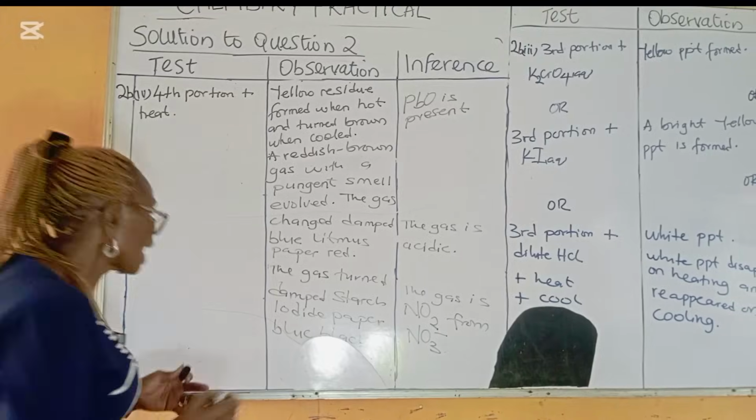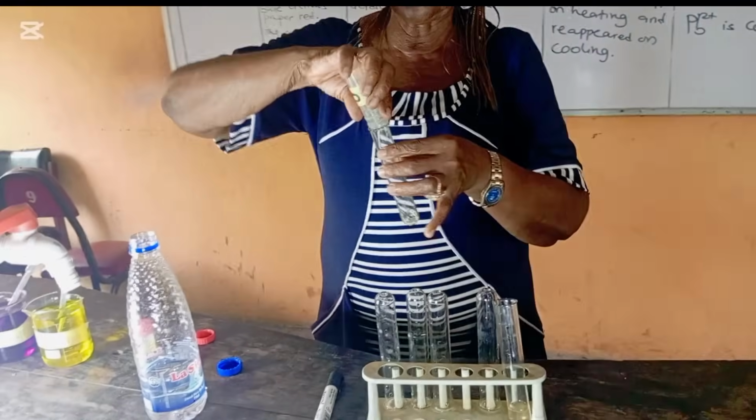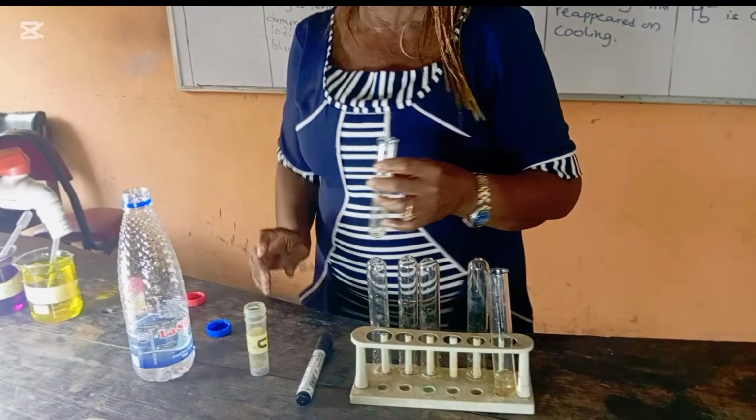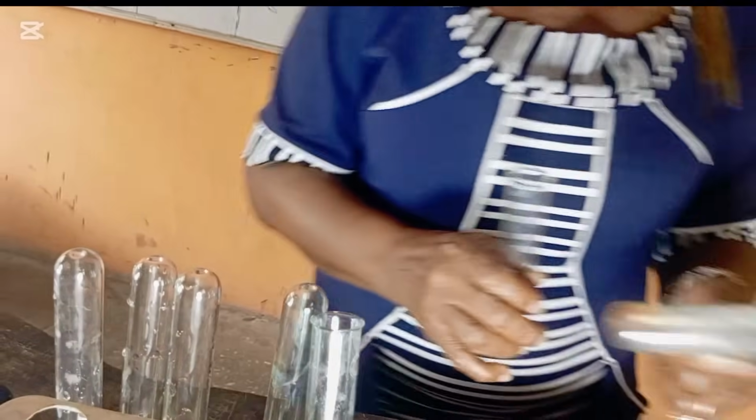Or they might ask you to heat the other half of C. So this is the remaining part of the C. So I have to empty it into a boiling tube and heat it strongly. Either they ask you to use the 4th portion like we just finished. That one wasted a lot of time, and probably you can see the other one I just finished.